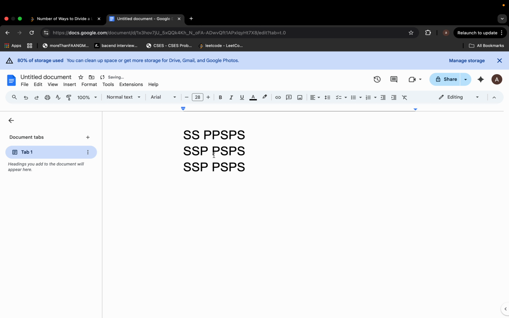So this one, and this one. Now we have three divisions: 1, 2, and 3. Now if I ask you, can you make one more division? You will say you can't, because this S will be included, this S will be included. So this part gets wrong and even the next part gets wrong. So we can have three divisions.